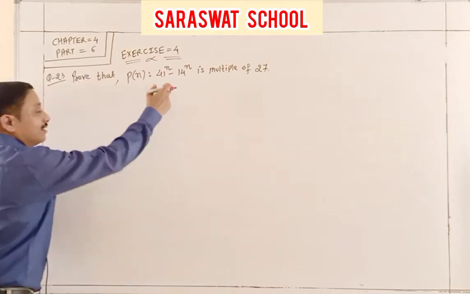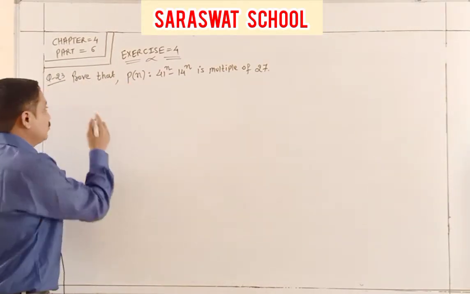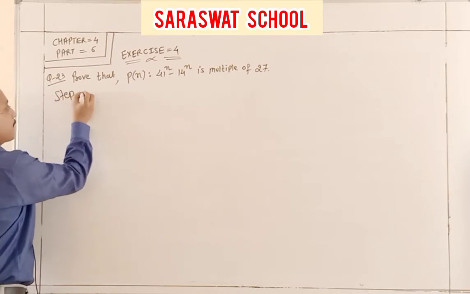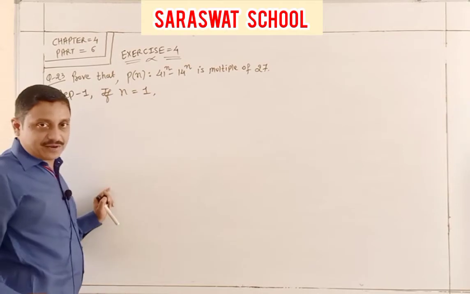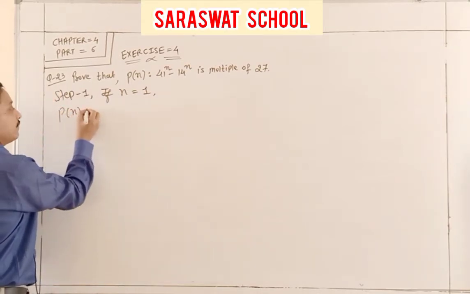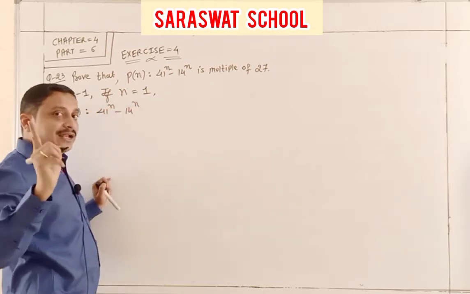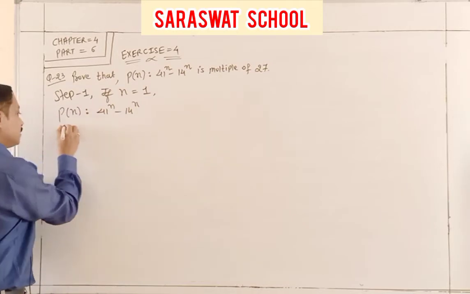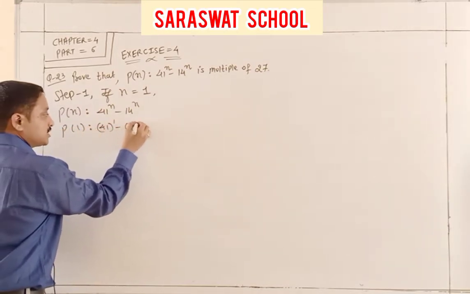So our step 1 by PMI means first step, if n is equal to 1. If n equal to 1, then you can write down P of n, 41 raised to n minus 14 raised to n. You don't write down LHS, RHS. Here P1, 41 raised to 1 minus 14 raised to 1.